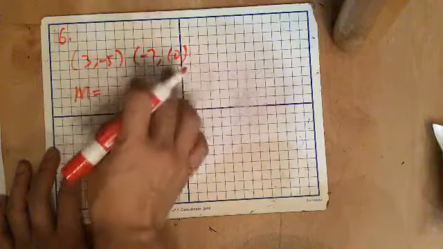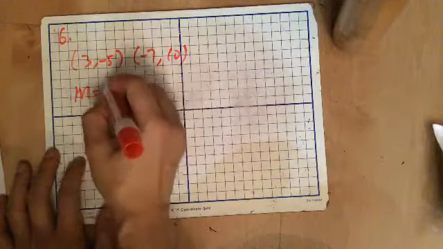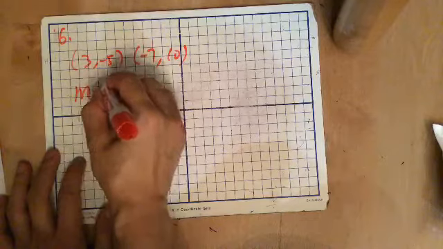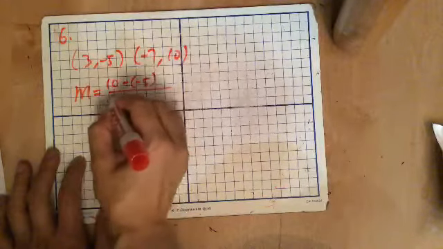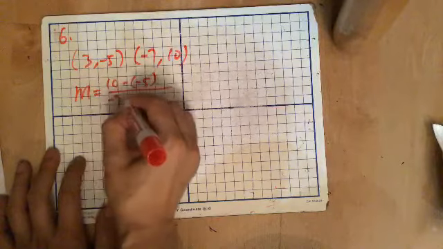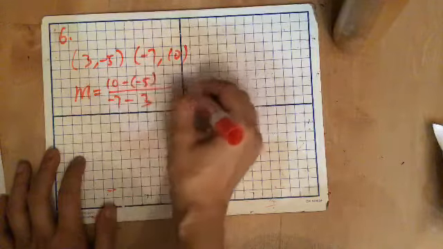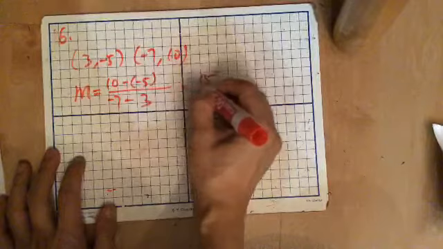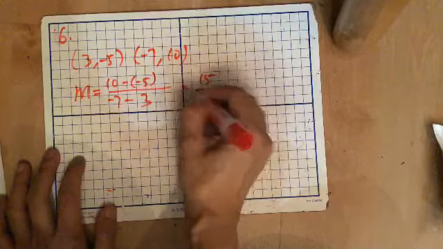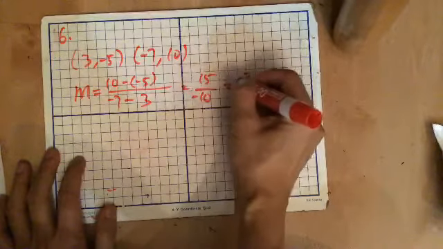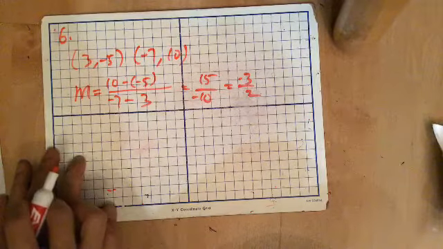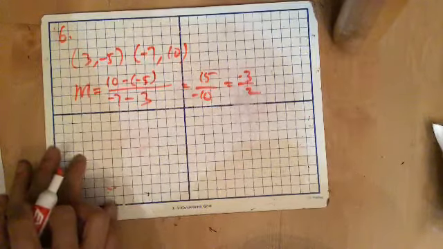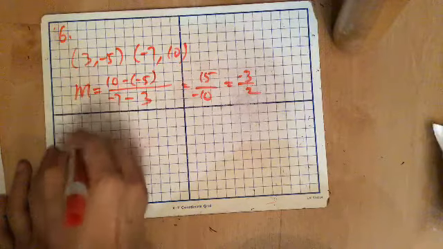We're going to do the slope formula to find out what the slope is. So it'll be 10 minus -5 over -7 minus 3. So that's 15 over 10. So it's going to be -3 over 2.